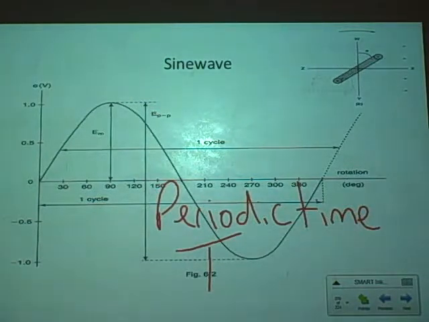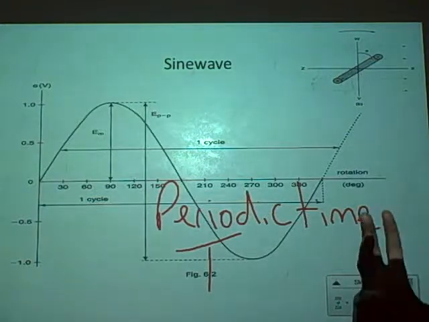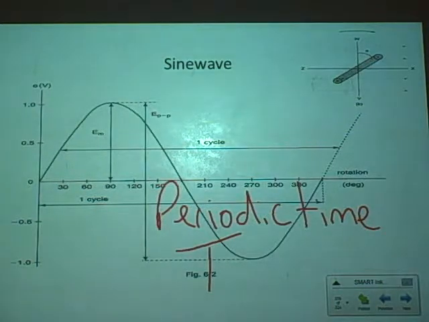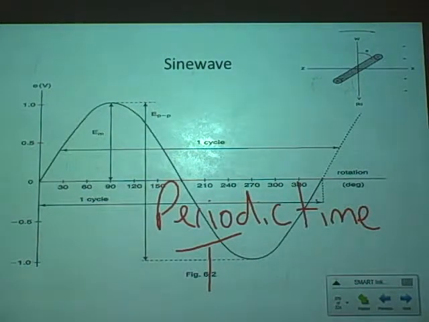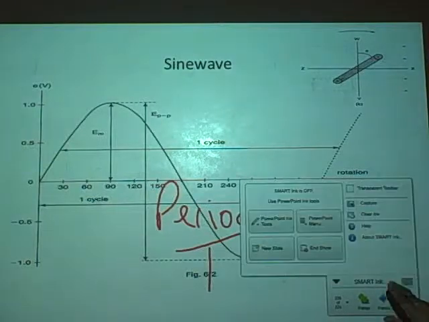Thus, if 50 cycles are produced in 1 second, how much time will it take to produce 1 cycle? Or the frequency, as you can see in the diagram. Well, let's clear that.